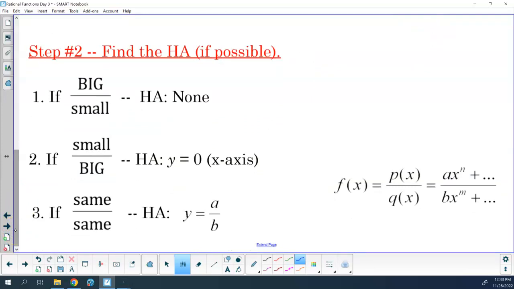What we're going to do is compare the degrees of the top and the bottom. So in our function, we're going to look at that number, and we're going to look at that number.